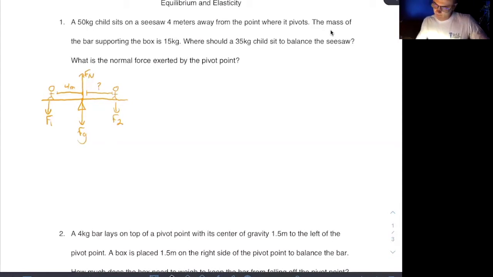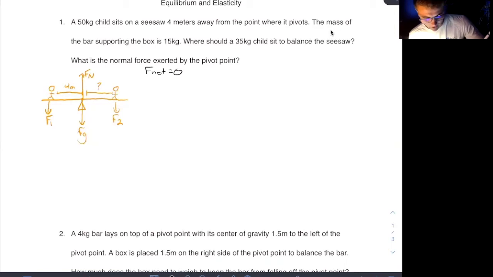Yeah, so let's calculate the normal force first. What is the normal force exerted by the pivot point? How do we calculate that? Essentially we have to add up all these forces together. Since we know our system is in equilibrium, the F net in the y direction is going to be 0.